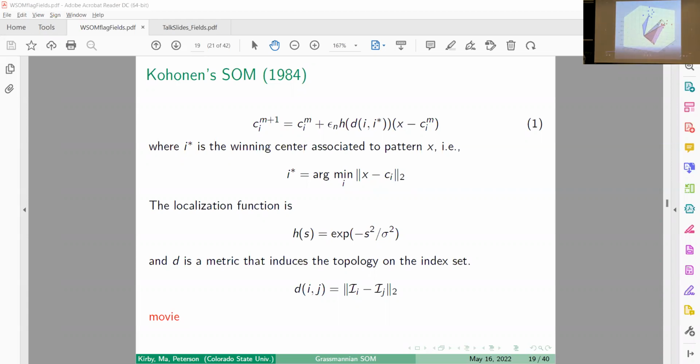I want to distinguish between the Grassmannian and the Flag manifold. What's happening here is that I'm moving the red plane into the blue plane along a geodesic for the Grassmannian. You'll notice that the axes aren't lining up.